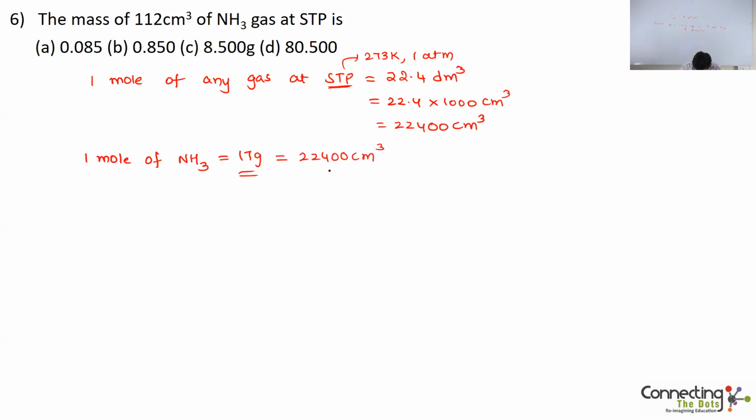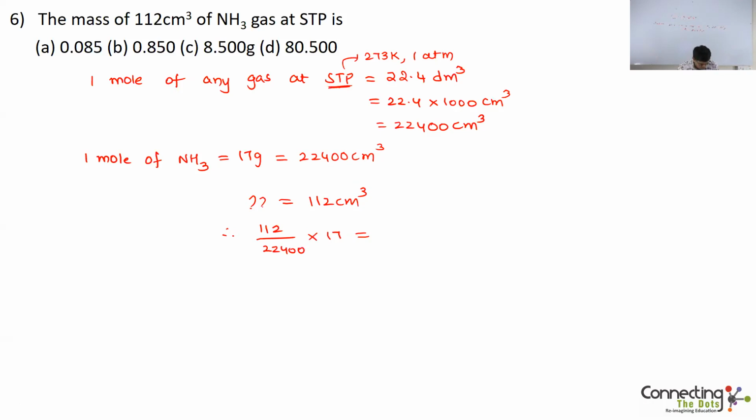So if 17 grams occupy this much cm³, 112 cm³ will constitute how much in grams of ammonia? So we can solve this. Therefore 112 divided by 22,400 multiplied by 17 is equal to how much? Let us calculate this.